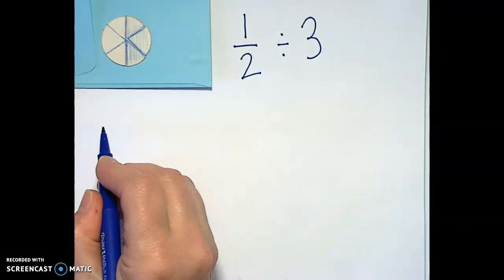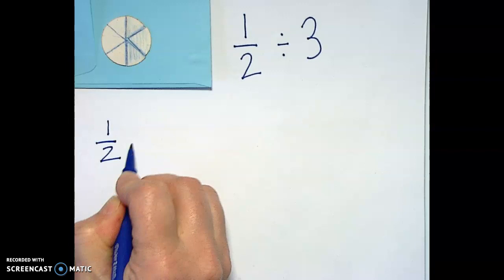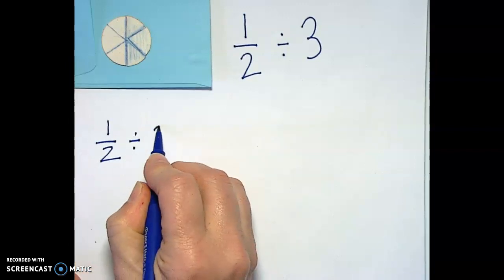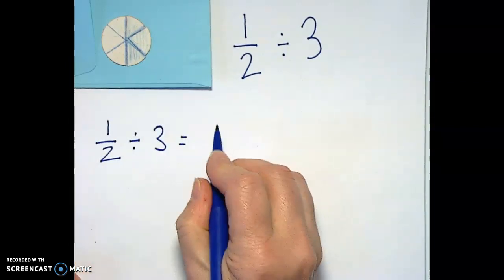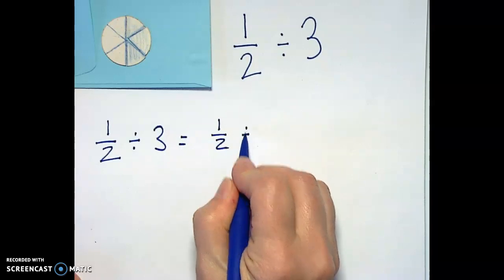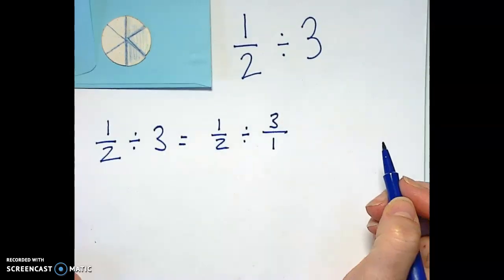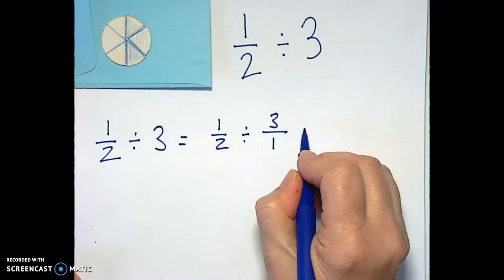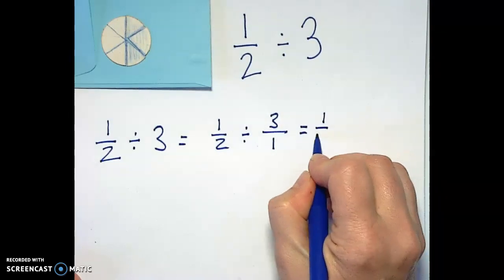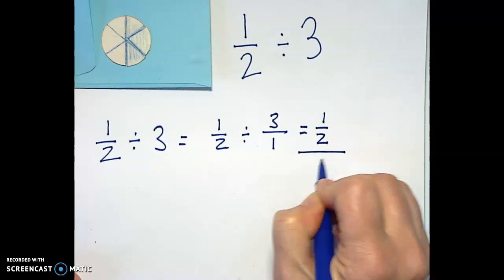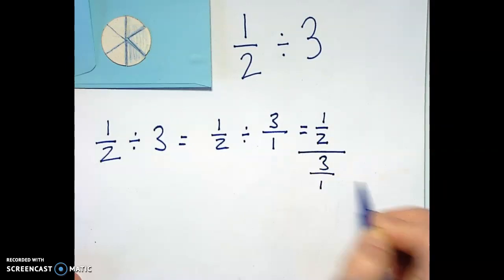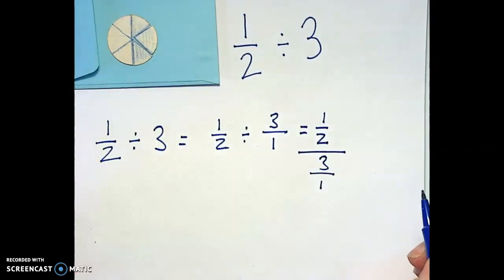The operation you're used to doing is 1/2 divided by 3. We can look at this a couple ways. It's 1/2 divided by 3. It can be shown as 3/1, which is 1/2 divided by 3/1, which looks totally insane and way too much stuff.